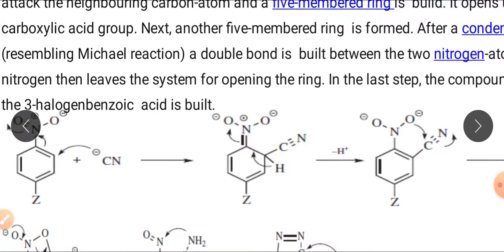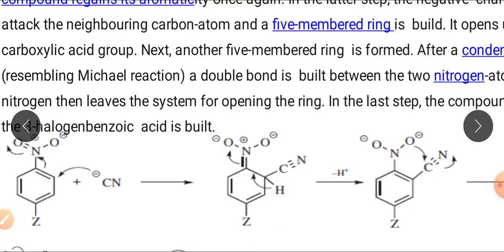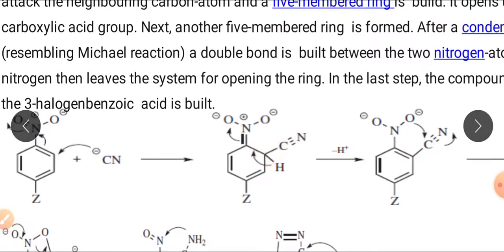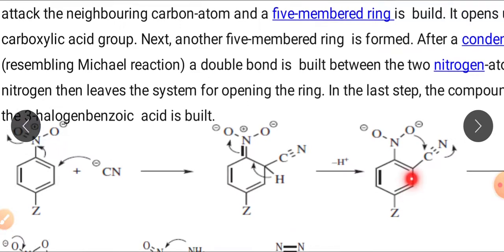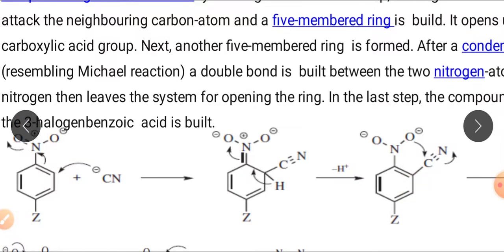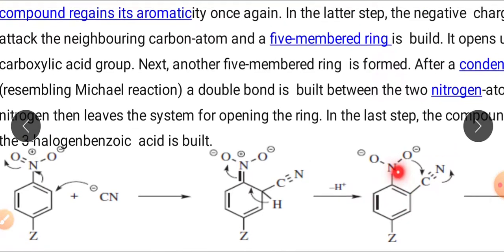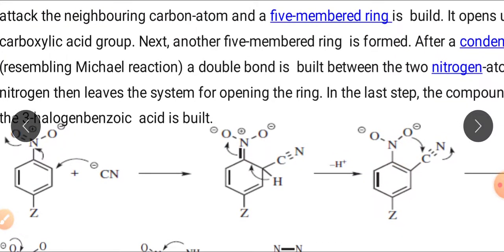Finally, because the aromaticity of this ring was lost in the first step, it will regain the aromaticity by leaving this H positive. So H positive will be eliminated from here and it will regain its aromaticity, right? So CN will be attached at the ortho position with respect to this NO2 group.